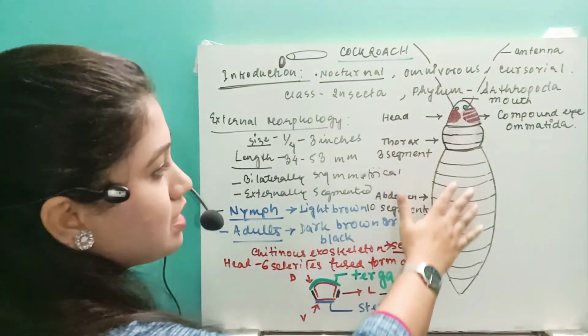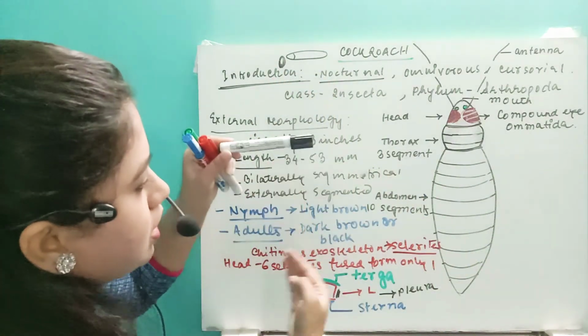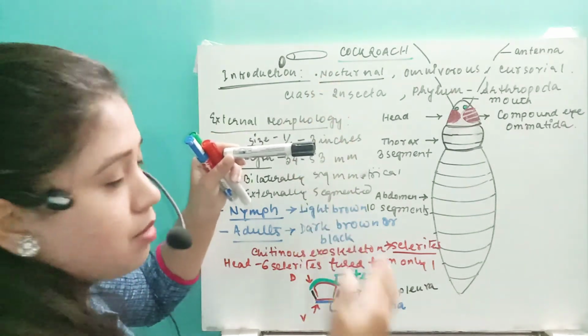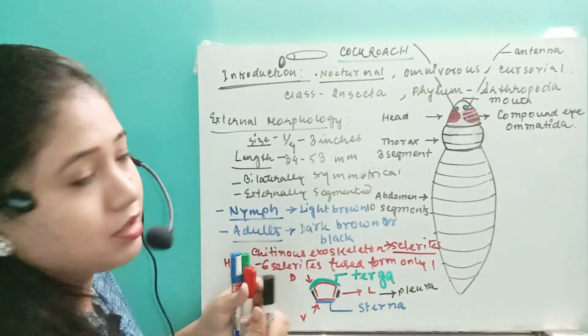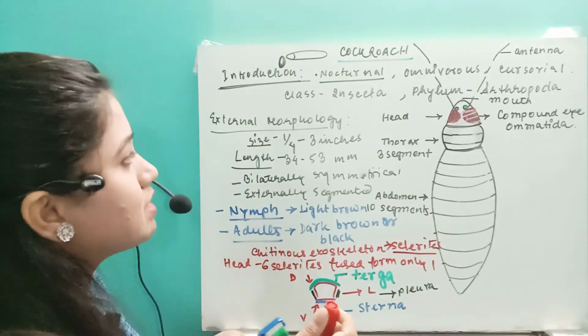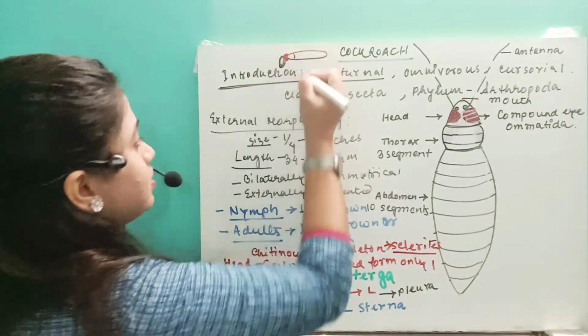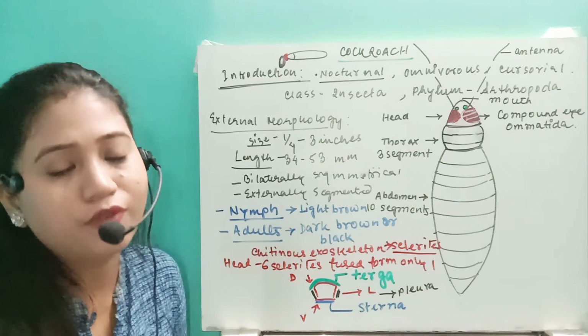So from this side it seems like that, but actually the head is projecting. This is the body, this is the head. Okay, the head is projecting in this manner, but the body is like this, a horizontal body with a vertical head, right? So this head is attached to the thorax by means of a small rotatory movable neck, and they have a higher degree of movability also.